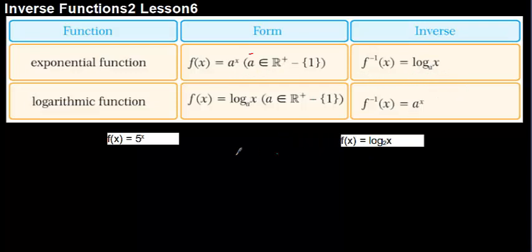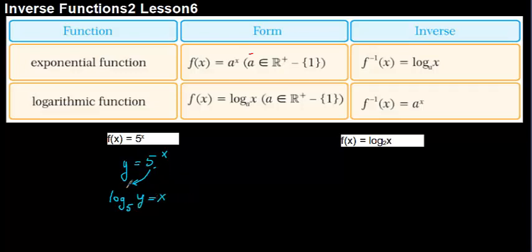When you want to get x alone, say y is equal to 5 to the power of x. The only way to get x alone is to send this 5 to the other side. If it is the exponential base, it should become the logarithmic base on the other side. So it's going to be logarithm base 5 of y is equal to x.